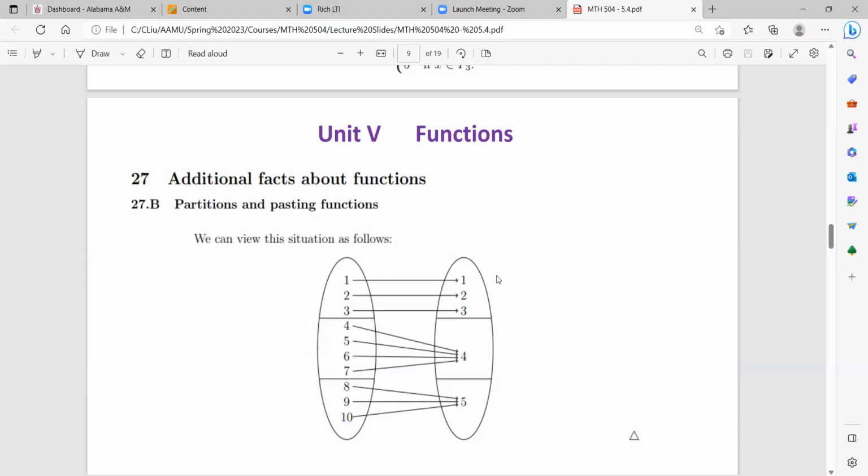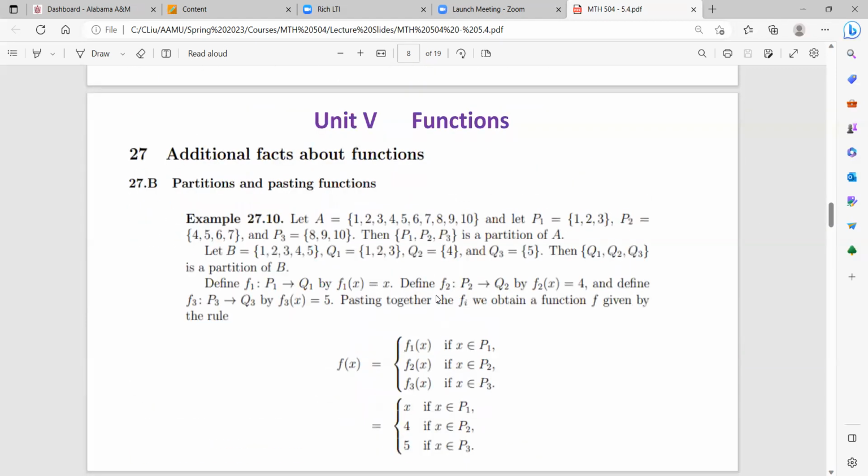On the right hand side, we have the set B also partitioned into three subsets as defined in the example, and then F1 is from P1 to Q1, defined like this. You map 1 to 1, 2 to 2, 3 to 3. So that's F1(x) equal to x.